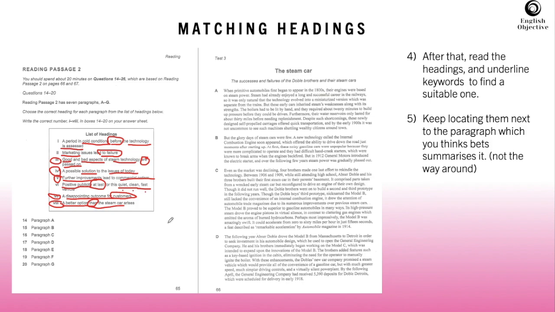So, out of the 8 options, I kind of remember roughly 5 of them, which saves me a lot of time. So what I would have to do now is keep locating them next to the paragraph that I think best summarizes it and not the other way around.